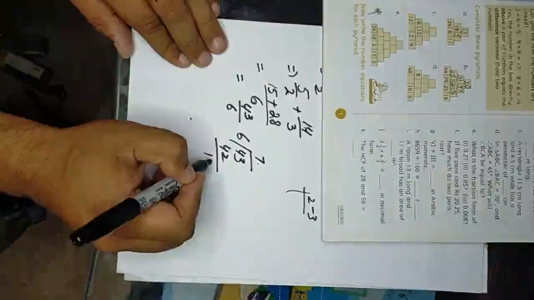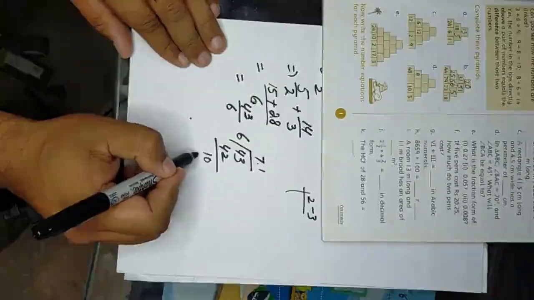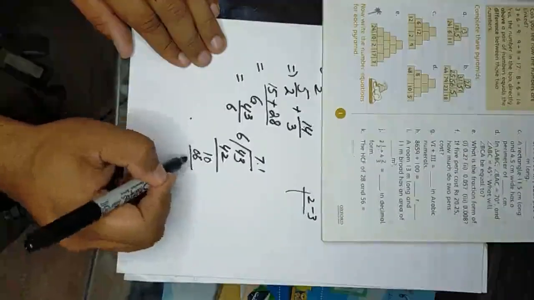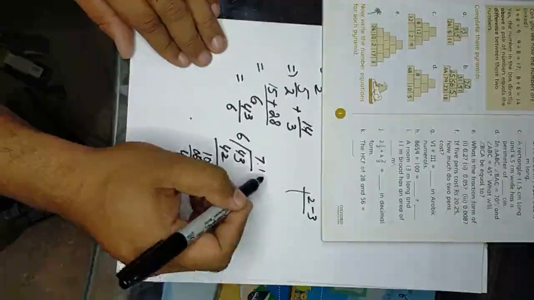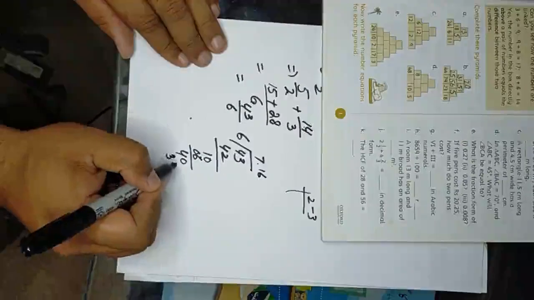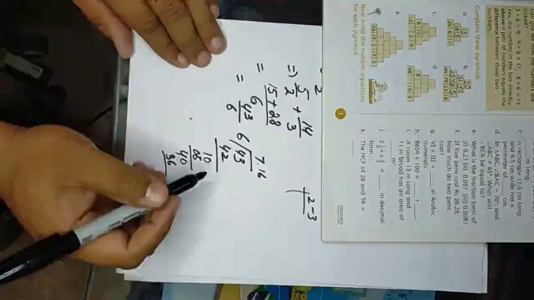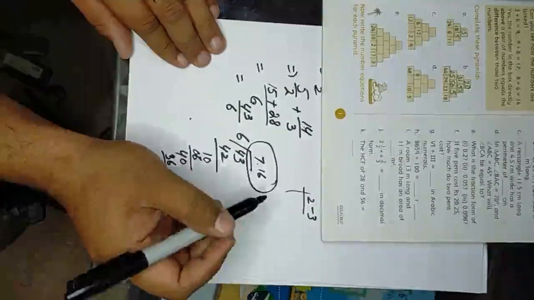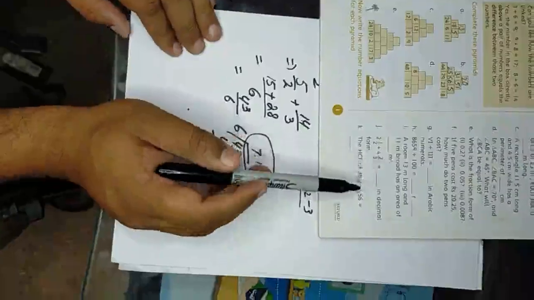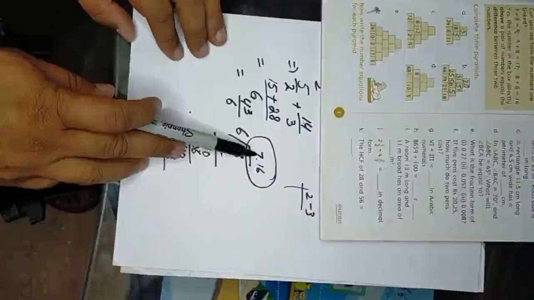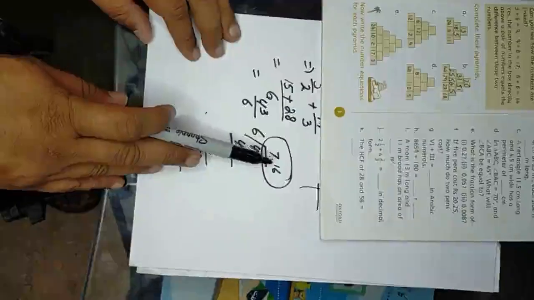Right? 6 1s are 6. Right? So here 6 6s are 36. So it may go on like this. So the answer would be 7.16 here. Right guys? 7.16. Is that clear? Good job guys.